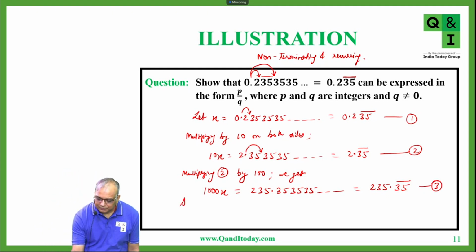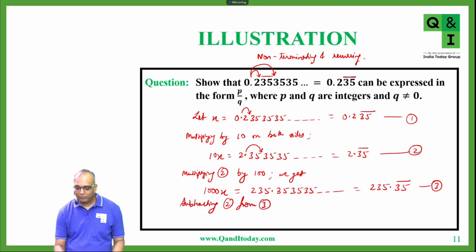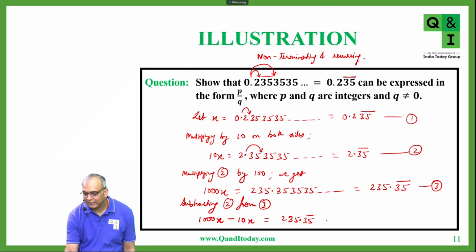Now, subtracting 2 from the equation 3. So when you subtract 2 from 3, you will have 1000x minus 10x is 235.35 bar minus 2.35 bar.